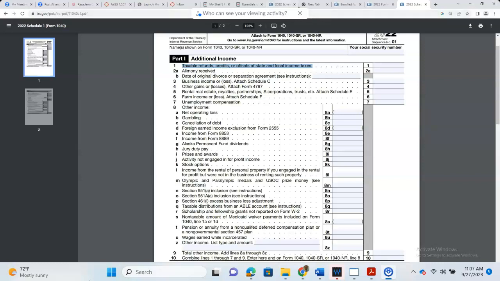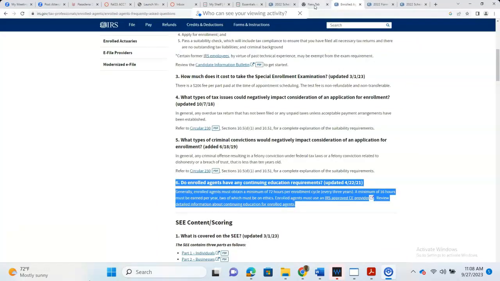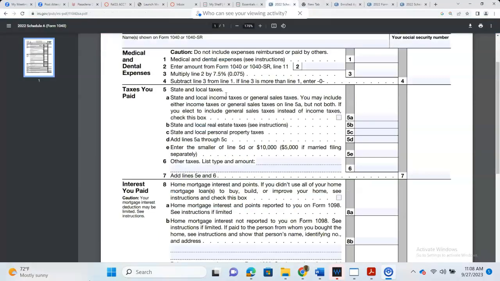Okay, let me show you in Schedule A. In Schedule A here, let's say in 5A, you put that I paid $15,000 or whatever to state and local income tax.